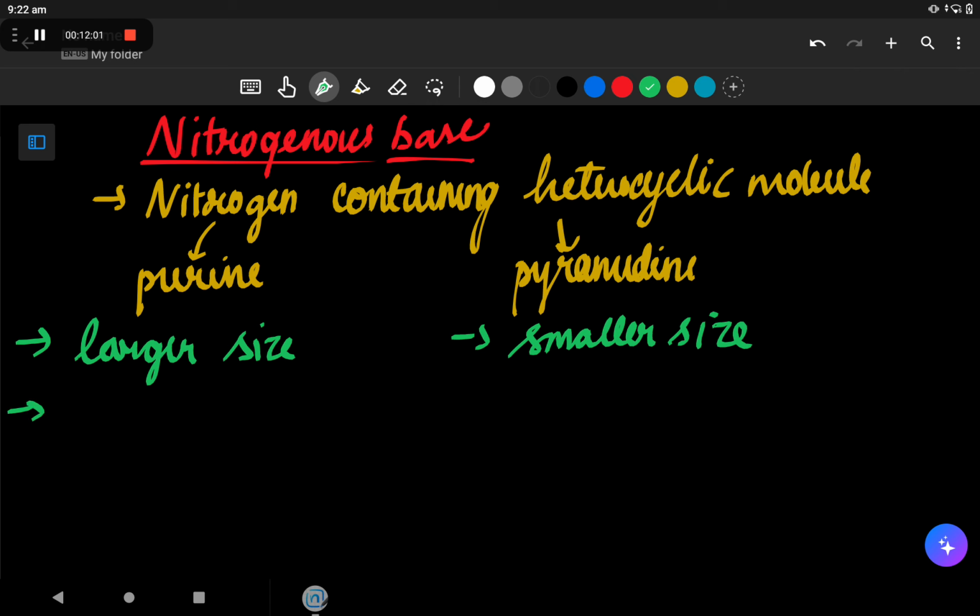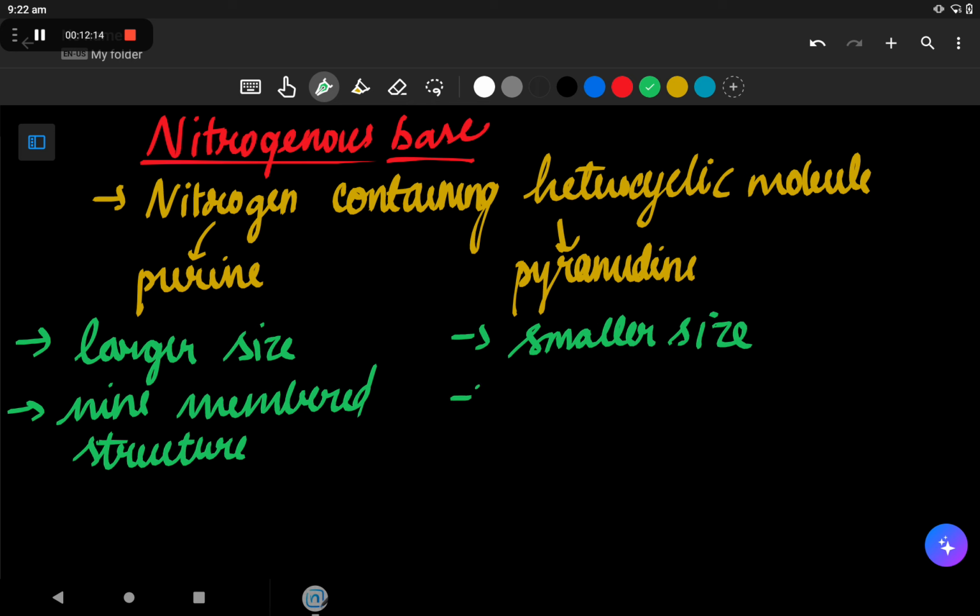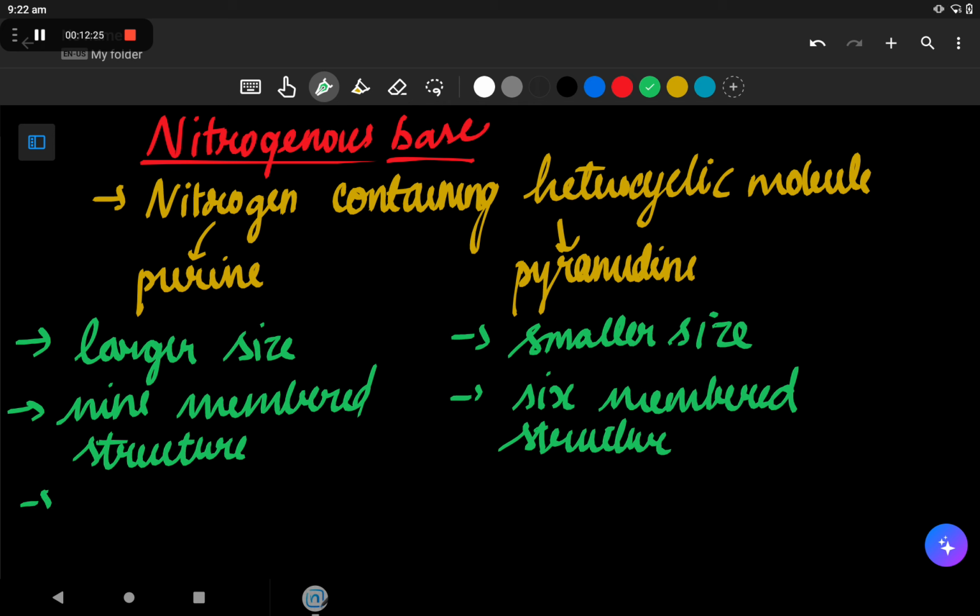Second differentiation: purine is a 9-membered structure, whereas pyrimidine is a 6-membered structure. Next, purine is a double-ringed structure, whereas pyrimidine is a single ring.